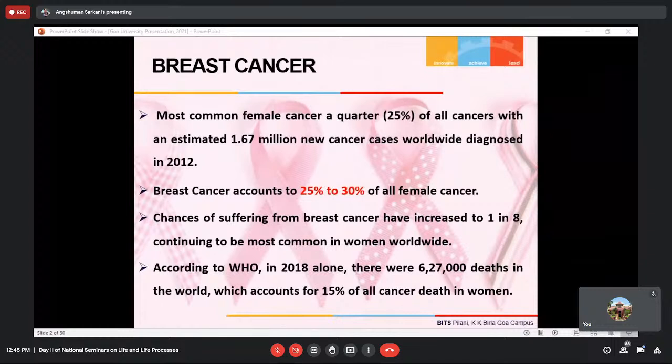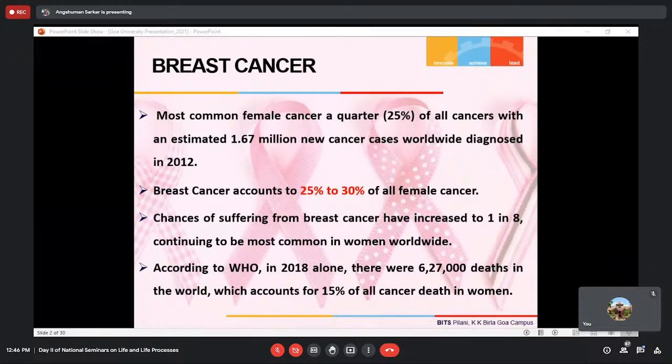That is called metastasis. And sometimes it is very difficult to manage the entire issue with cancer. There are different types of cancer, like carcinoma, sarcoma, adenocarcinoma, leukemia. All these are different types of cancers.